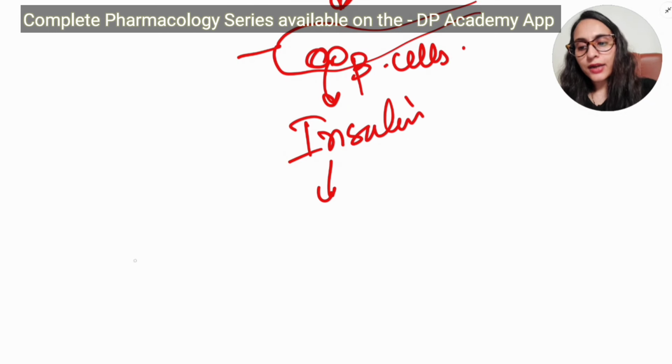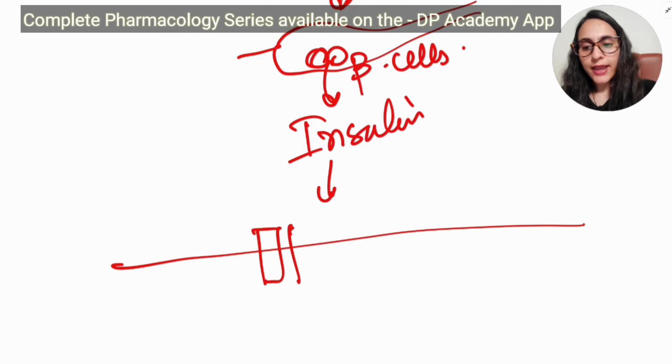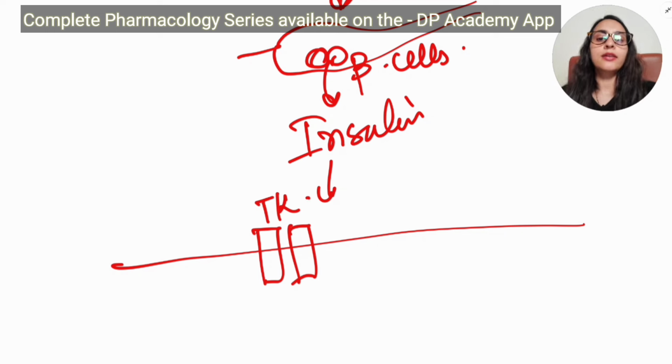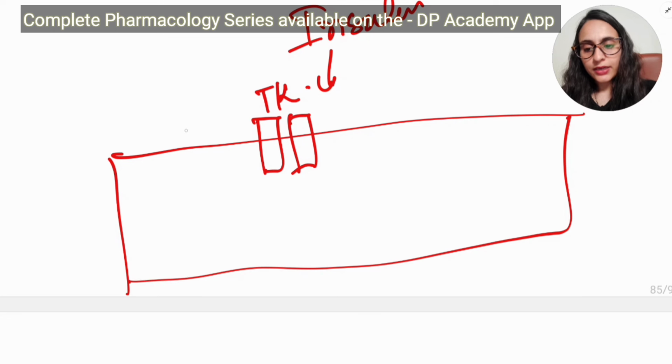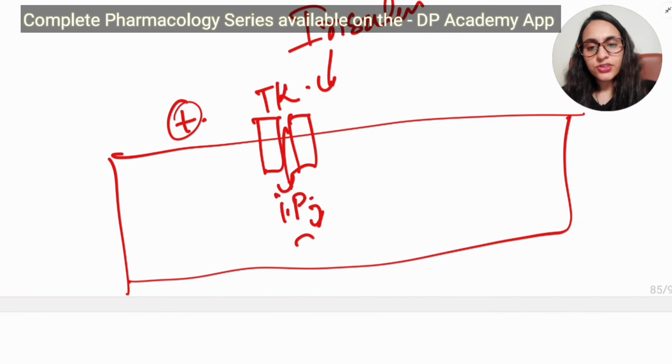This insulin acts on the tyrosine kinase receptor on the cell. When these tyrosine kinase receptors are activated, they activate the intermediate pathway. This activates gene transcription in the nucleus.